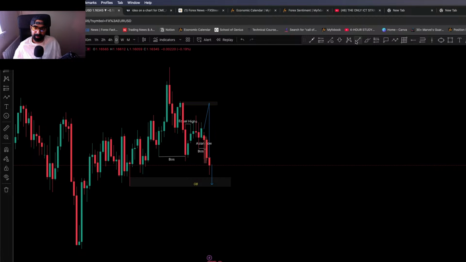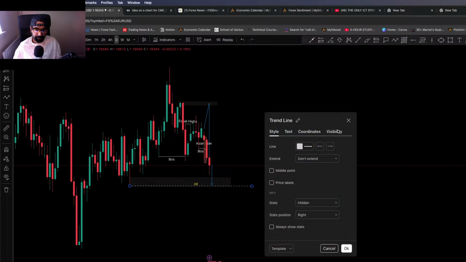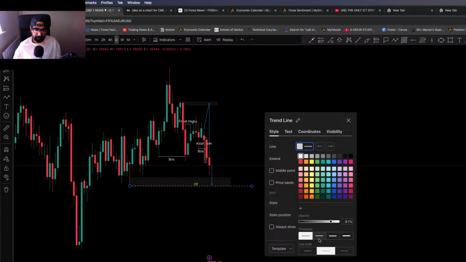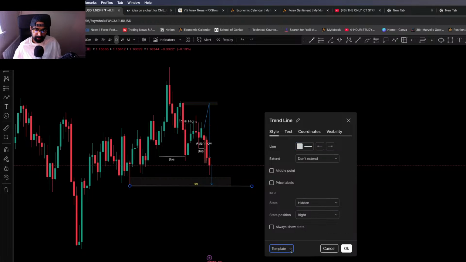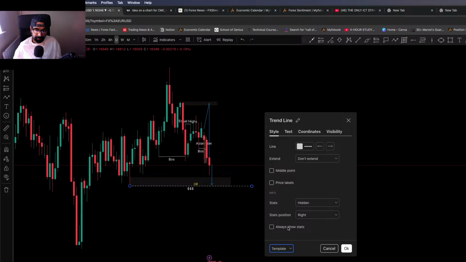Let's just delete that again, because sometimes my settings... is this, no, not this line.